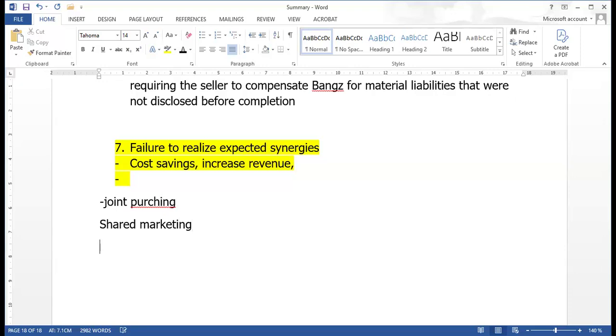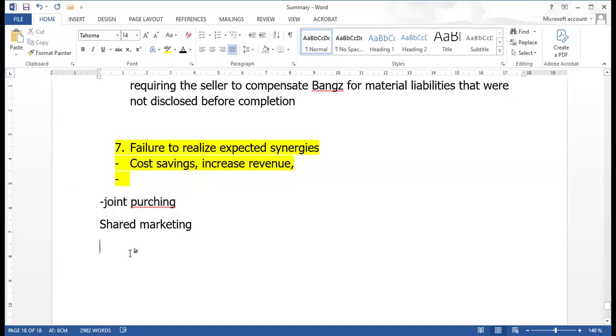But now there are also issues where suppliers may refuse to reduce the price. You expected that they will give you a discount because you are purchasing in large quantities, but suppliers refuse to reduce the prices.